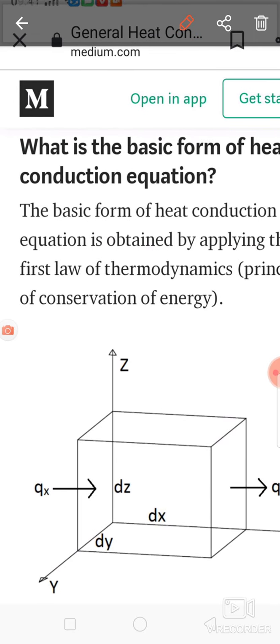We have to consider that energy also. Heat is conducted into the element and conducted out from the element. This is one energy. What about the other energy? Some energy is generated within the element, so we have to consider that factor also. And the effect of these factors is the total energy stored in the element.